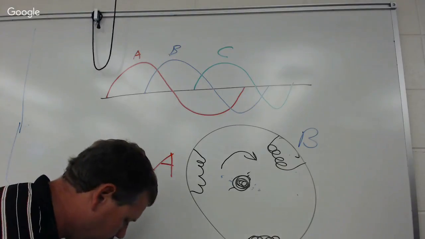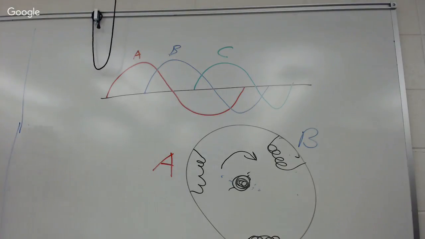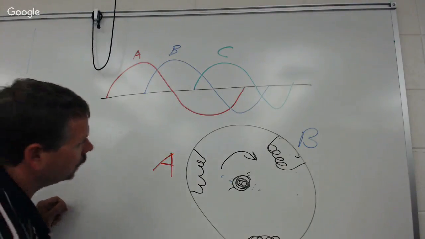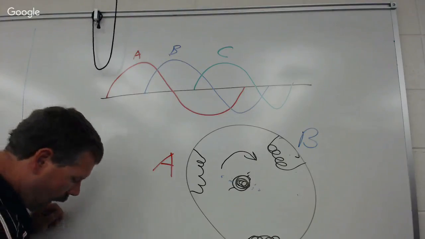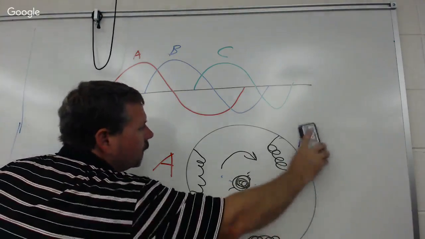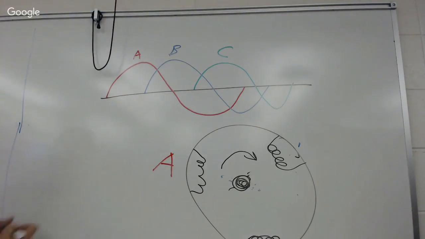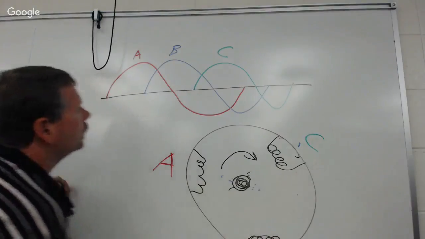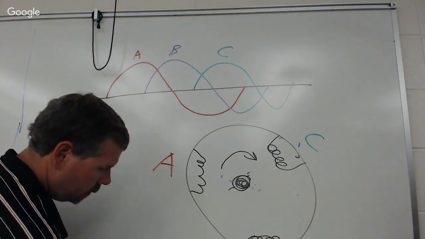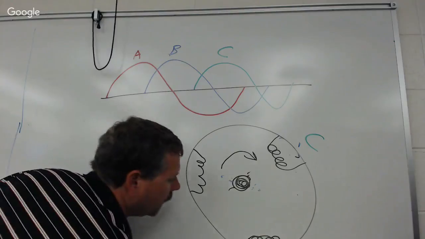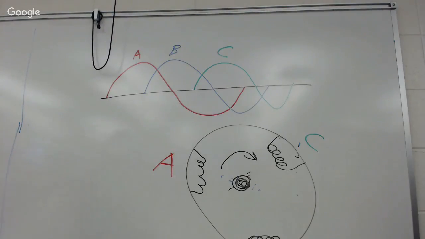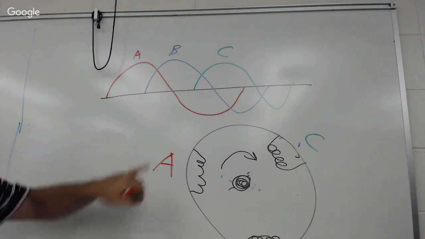Well, if we swap 2 of the wires, we're going to change what leads what. So for instance, if we swap B and C, now what leads on this set of coils?